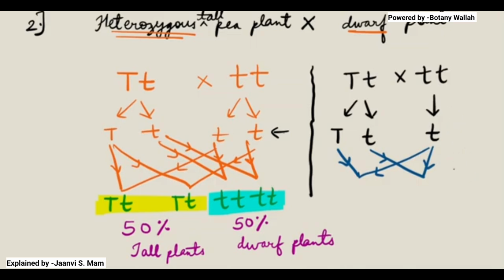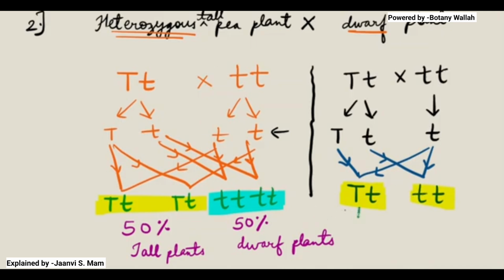Same as what I had taught you during monohybrid crosses. So this is capital T, small t. This is small t, small t. So if you can see here, what is the possibility? Again, the possibility is 50% tall and 50% dwarf.